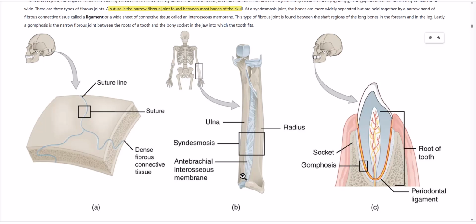This particular kind of connection is called a syndesmosis. Just appreciate that this is basically a ligamental connection between the radius and the ulna. This is not meant to be a movable joint, but it is a structural connection between the radius and the ulna.